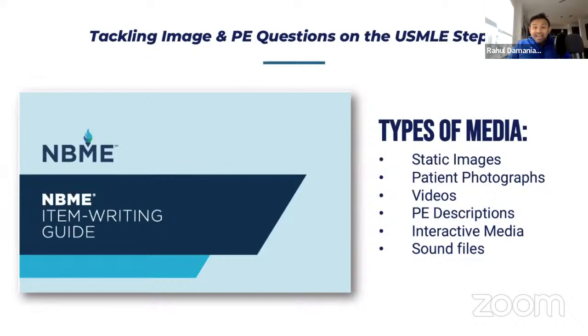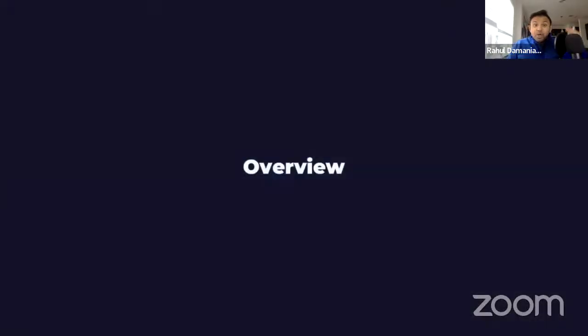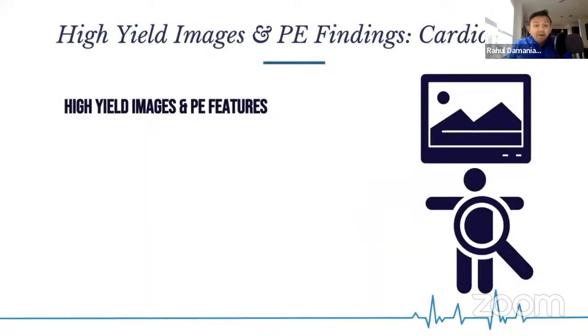So today we're going to have gross pathology, microscopic pathology, some radiology. I even put some echoes for us to look at as it relates to cardiology, and we'll be integrating content throughout the session. So when it comes to cardiology, here are the high-yield images and physical exam features.